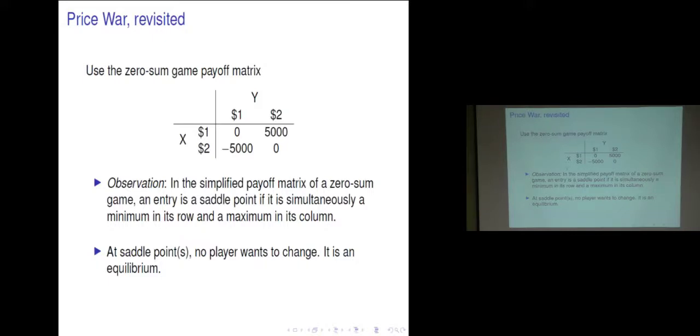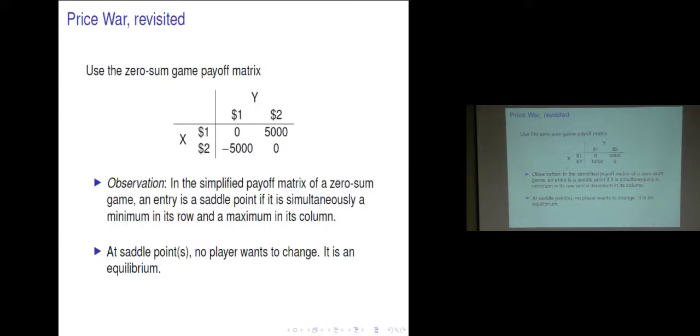Although on the matrix this number is bigger, remember that this is a simplified payoff matrix. The actual payoff for Y is the negative of this value. So the larger the number here, the worse it is for Y. For Y, the value here should actually be negative 5,000.